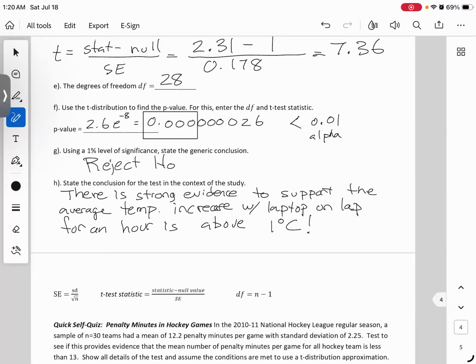Exclamation mark. This is a health related study, and if they say something like this, they want to be as confident as they can. So that's why they're doing the 1%.